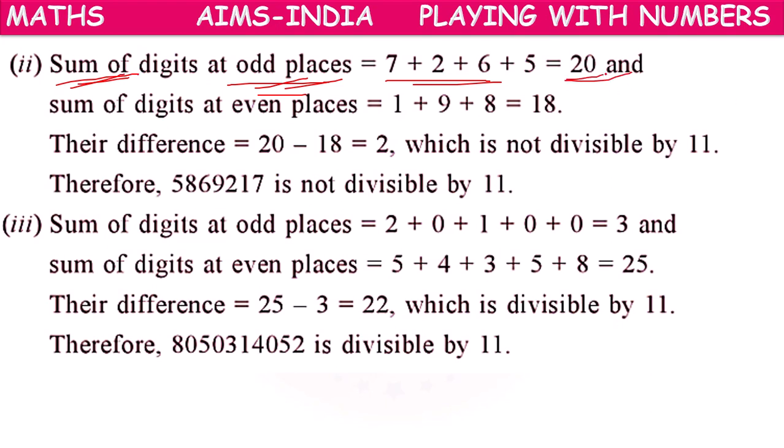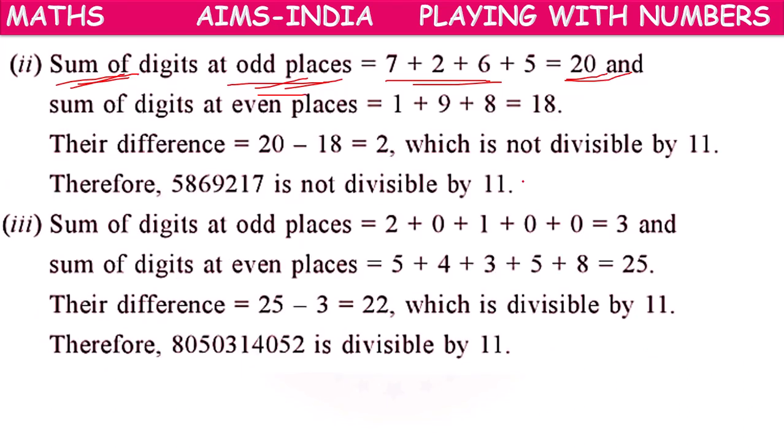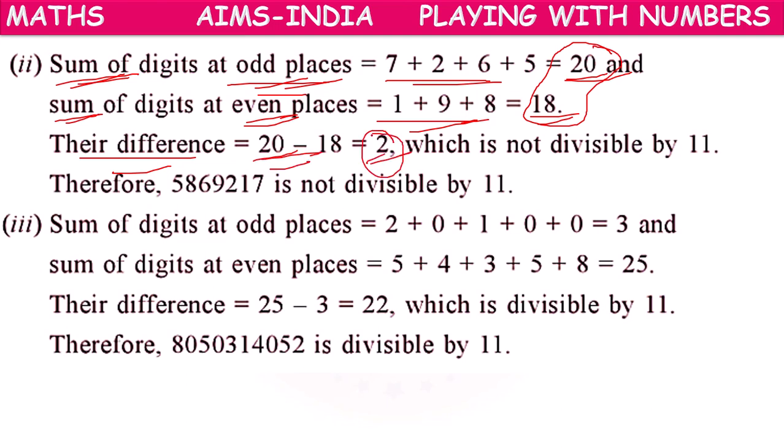How much? 20. Next, 1, 9, 8 are the even places. We have to do their sum, 18. Now we have to take the difference of these two numbers. 20 minus 18 is 2. 2 means it is not divisible by 11. So the total number is not divisible by 11.